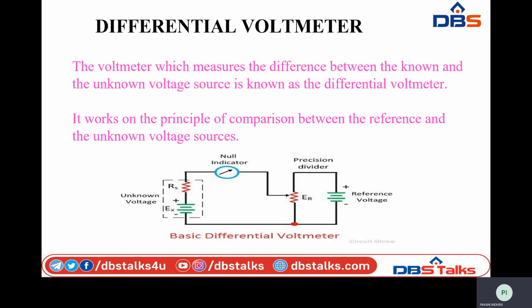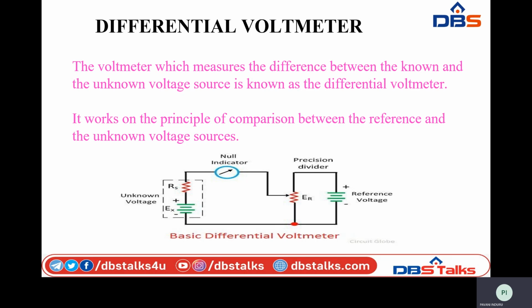Next, the differential voltmeter. The name itself suggests that it is going to find the difference. Which kind of difference? In the differential voltmeter, we use two different voltages: one is the unknown voltage, and the other is a known reference voltage. We compare these two voltages.